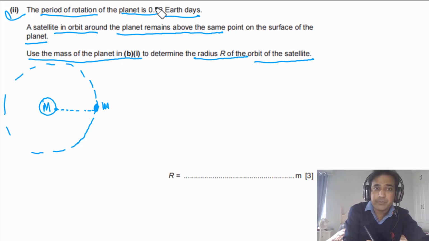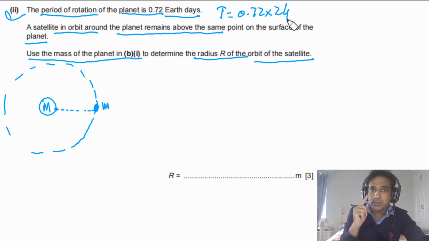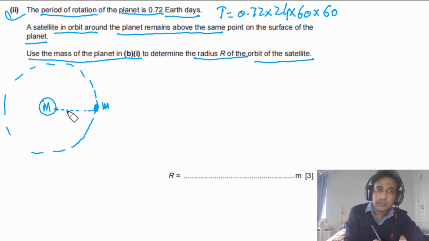The value of the time period is given to us. Time period is equal to 0.72 times 24 hours, because the time of rotation of our planet around its own axis is 24 hours, and 1 hour has 60 minutes and 1 minute has 60 seconds. This is the time period of the planet, and also of the satellite.